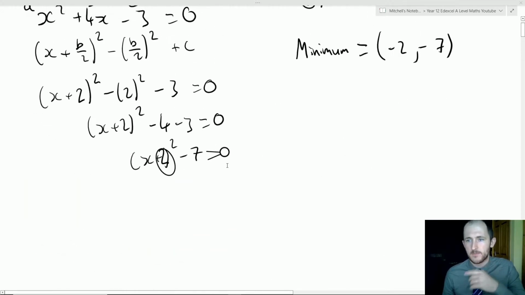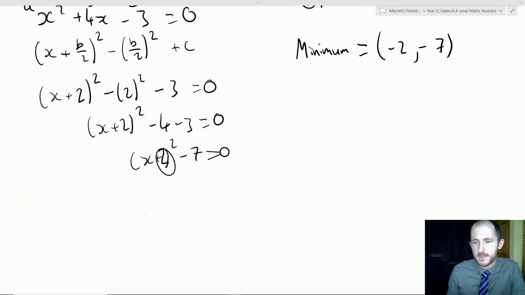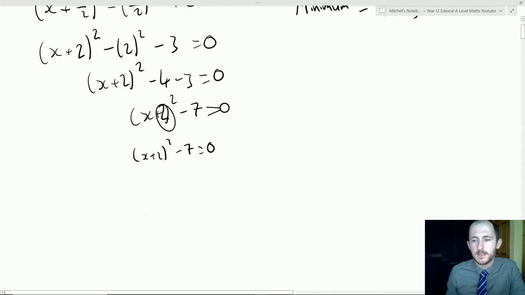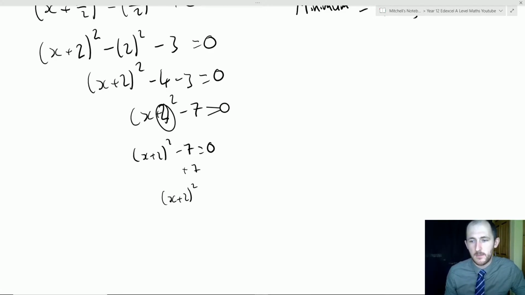So if I go back up to the top for a second, I have this solution here, I can find the roots to this equation. Now the reason why this is useful is sometimes we don't have easy numbers to work with when we factorize. So if I add 7 to both sides, you're going to notice we get a surd, and this isn't unique to completing the square. Generally speaking, we get surds.